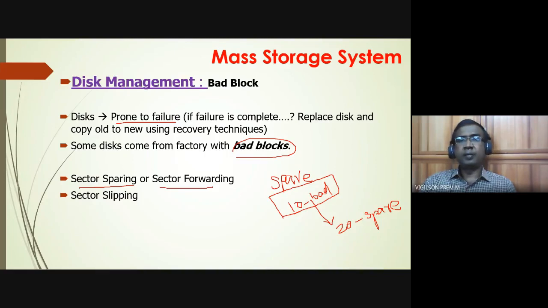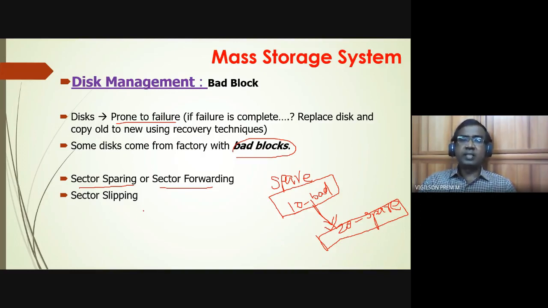From that time onwards, whatever data you store at 10 will be forwarded to 20, and the OS will not allow you to write anything on 20 directly, because it is marked as a spare block. That is one methodology, sector sparing or sector forwarding.